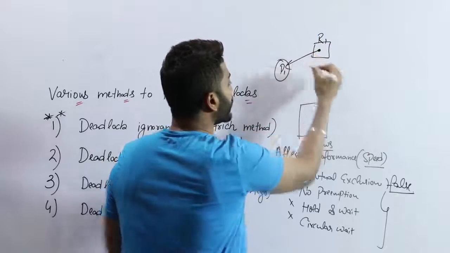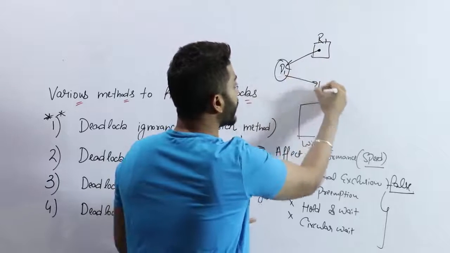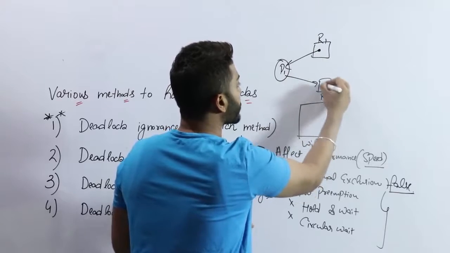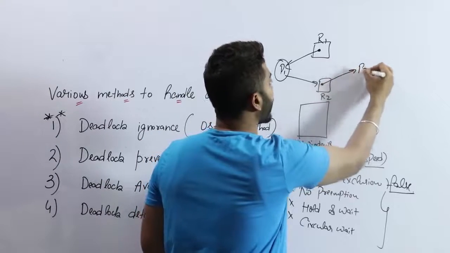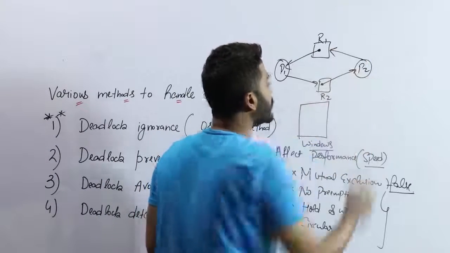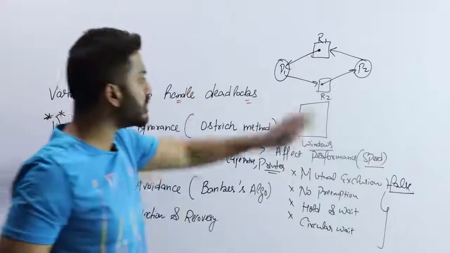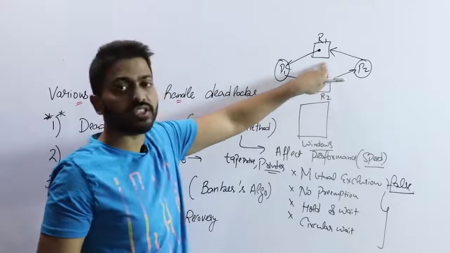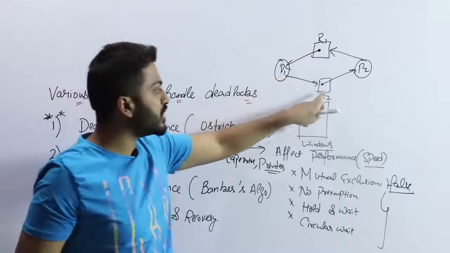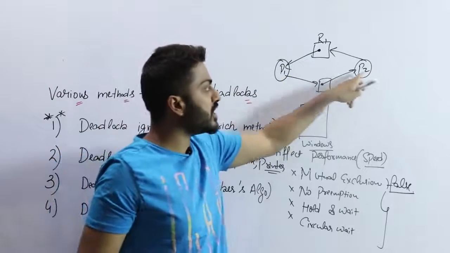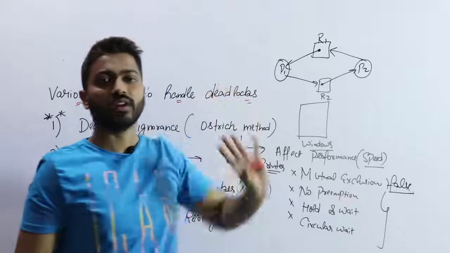Let's say there is one resource R1 which is taken by P1, and resource R2 is taken by P2, and P2 is requesting R1. This is a simple representation. R1 is taken by P1 requesting R2. R2 is taken by P2 requesting R1.